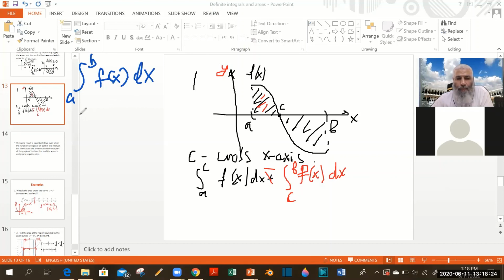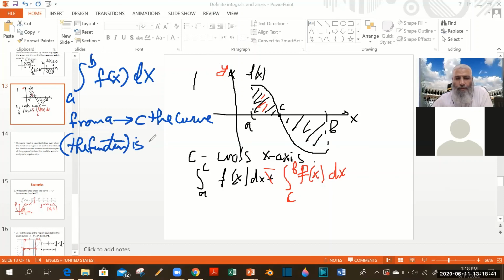But the area from A to C is above. From A to C, the curve of the function is greater than 0.